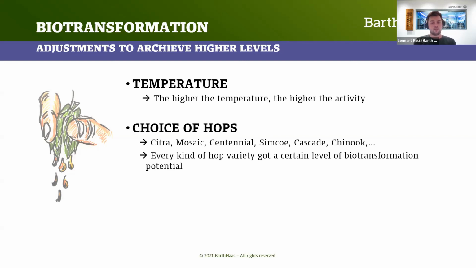But to be honest, every kind of hop variety has a certain level of biotransformation, because the glycoside content of at least the hop plants is at least double the amount of the free aroma compounds. And for other plants it's more than double, some 4 times higher than the free volatile aroma compounds.